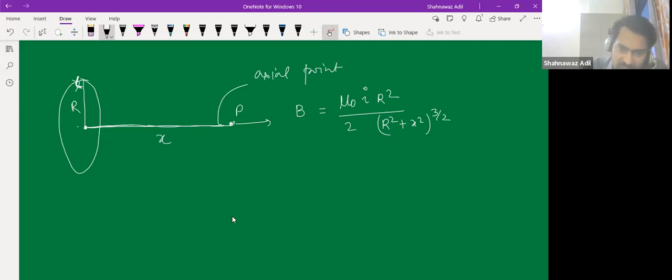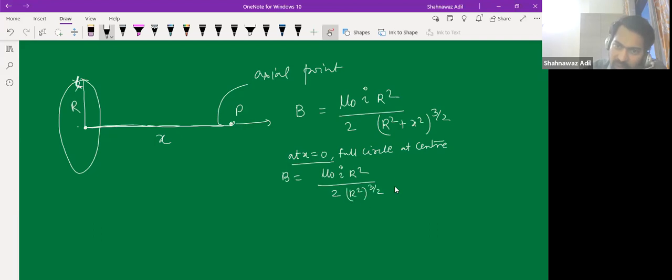Yes, 0. Absolutely correct. So your x would be 0. So the magnetic field at x equals 0 is a full circle at the center, right? So how much would that be? This would be mu naught I r squared by 2 times r cubed, so this will cancel and you get the result that you have, right?